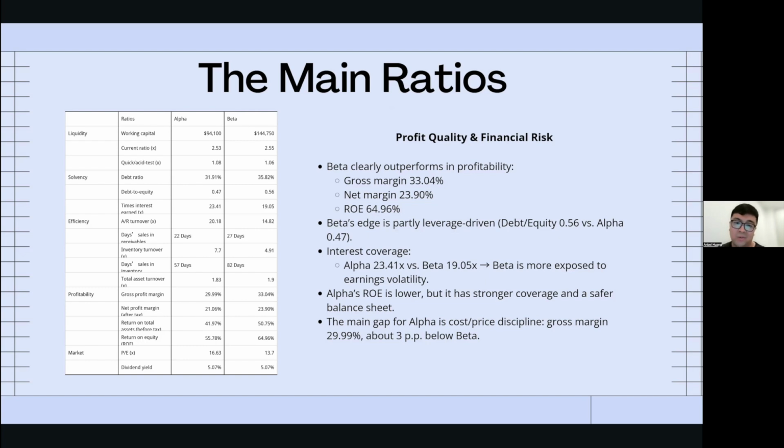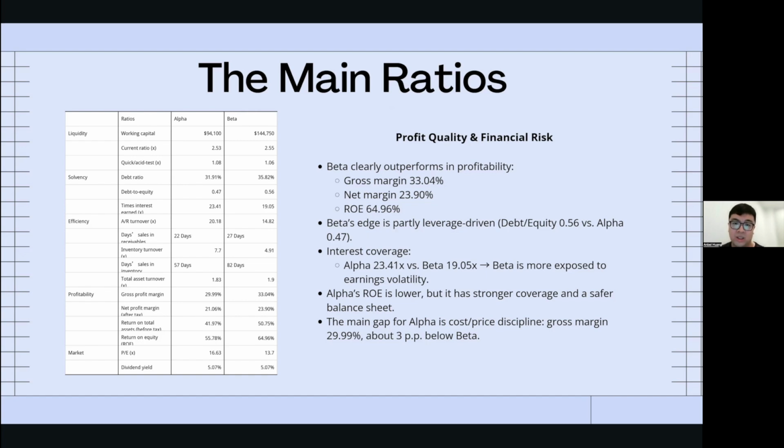Well, about Alpha's 56%, but a part of the edge comes from higher leverage. We can see Beta's debt to equity is 0.56, while Alpha is only 0.47.